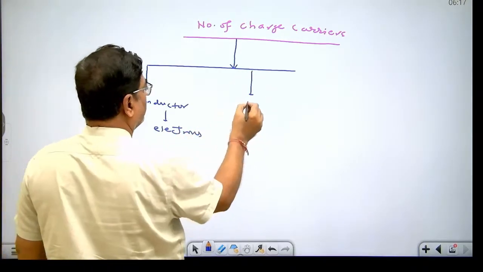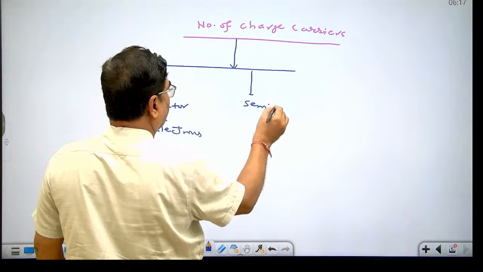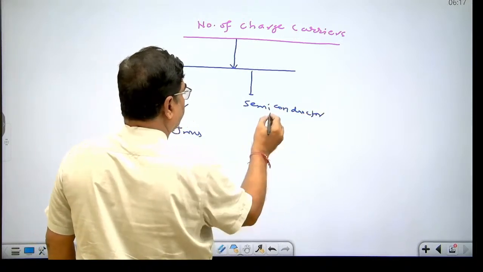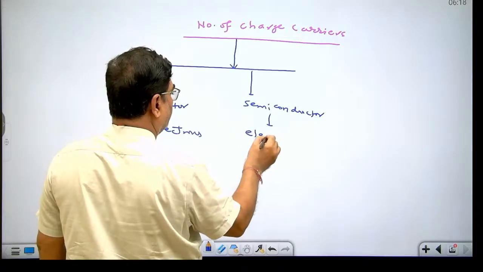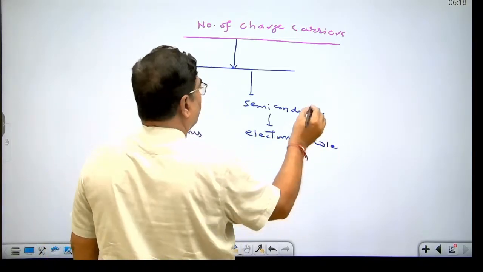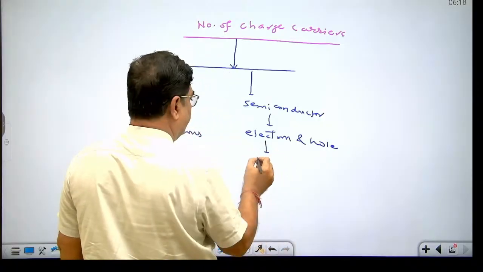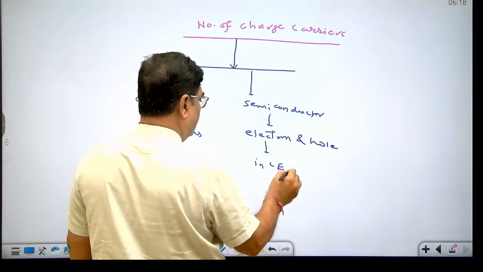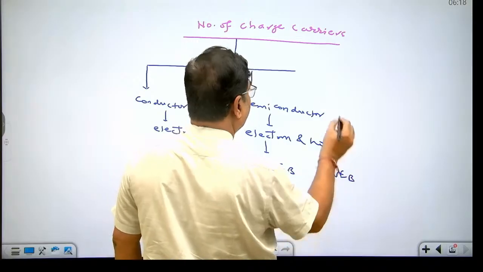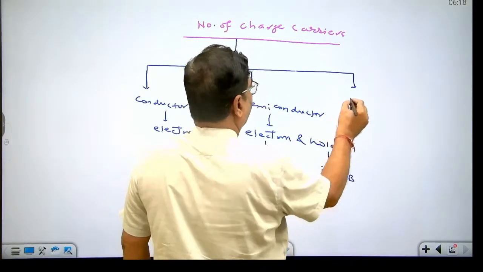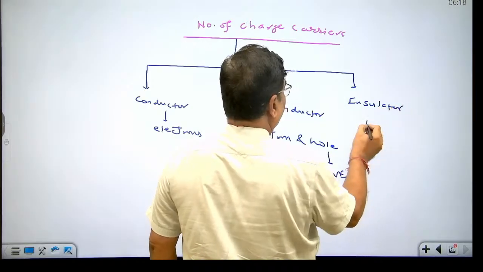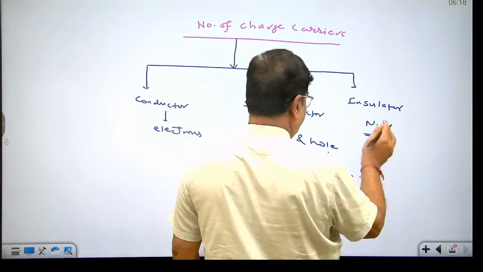For semiconductor, the carriers are electron and hole: electron in conduction energy band and hole in valency energy band. And in insulator, there is no free charge carrier.